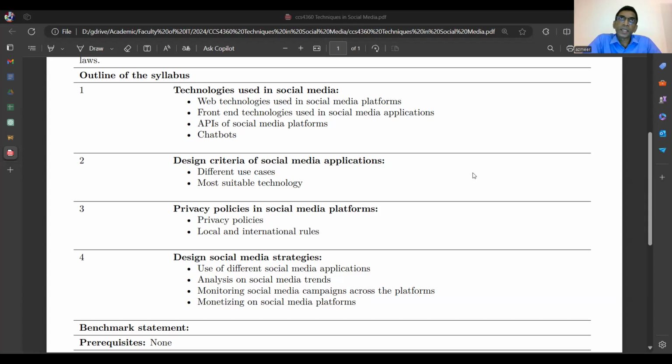So strategy is not just a plan, it's about how you get things done, right? So you can use social media to do various things. You can organize an event and use social media to popularize that, organize it, get people and whatnot.